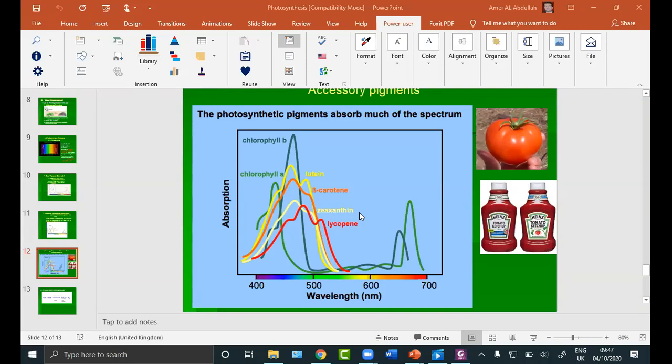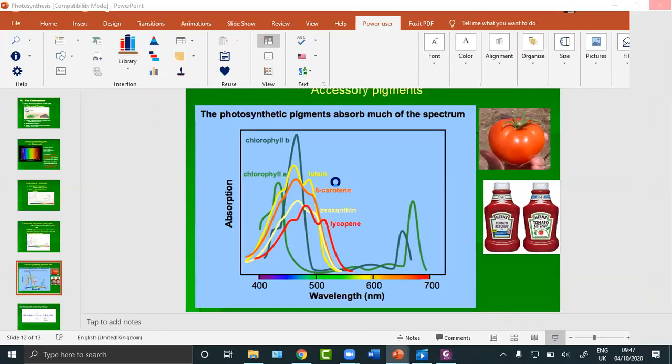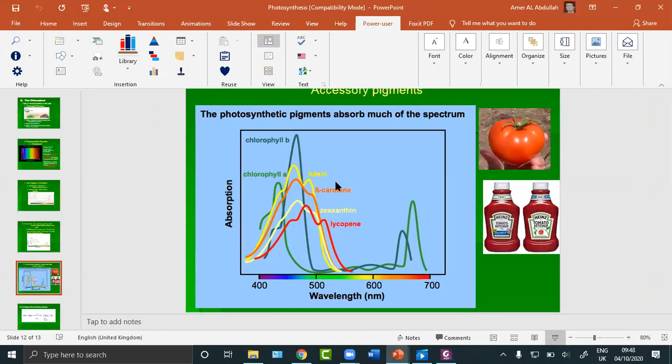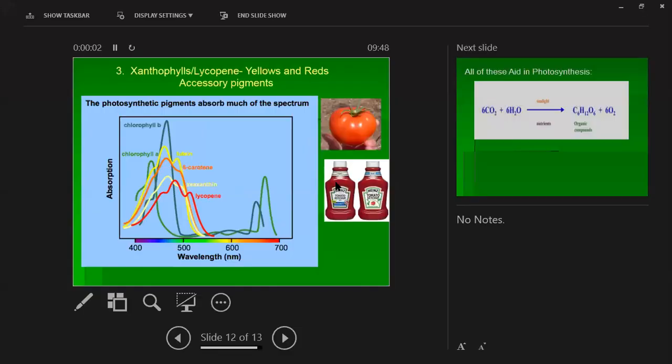The cells use oxygen to break down sugars for energy during cellular respiration. And we have talked about what happens to the products of cellular respiration.